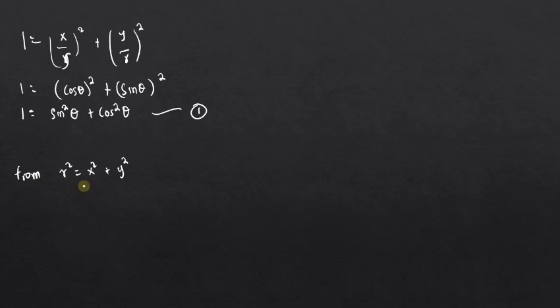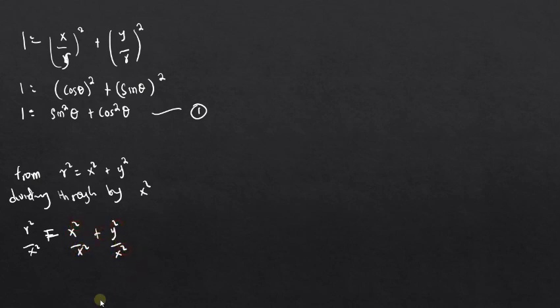If we divide through by x squared, we'll get r squared over x squared equal to x squared over x squared plus y squared over x squared. This will be r over x all squared equal to 1 plus y over x all squared, right?